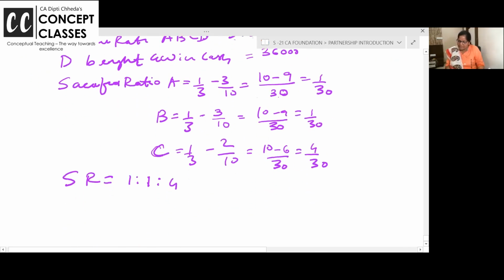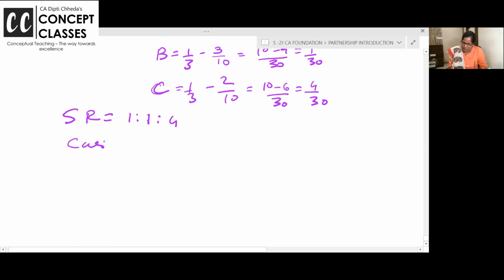He has brought 36,000 goodwill. Cash account debit to premium for goodwill, 36,000.